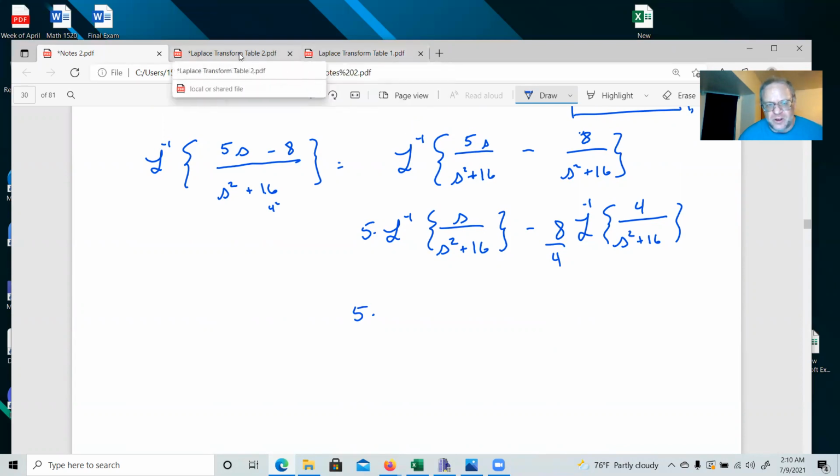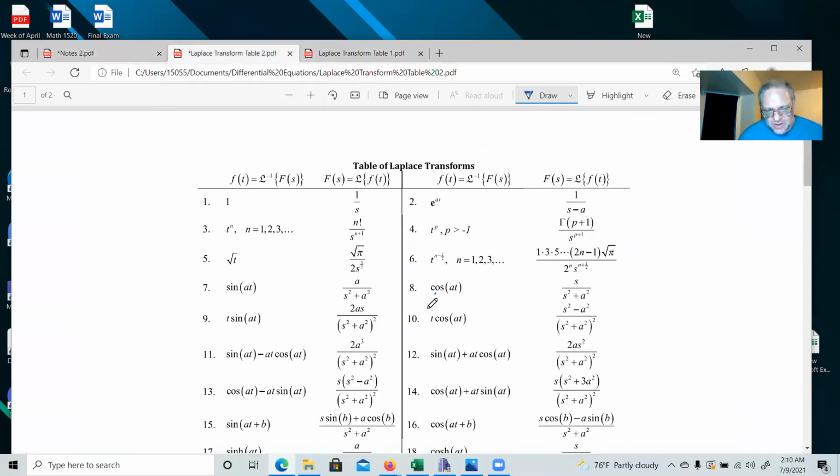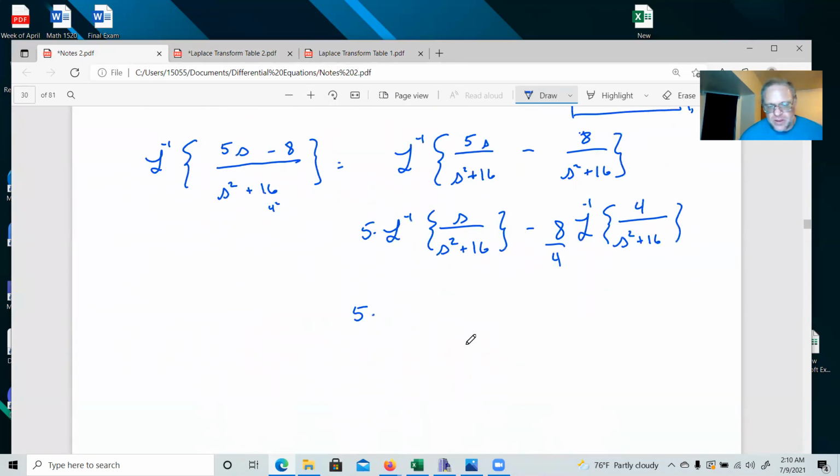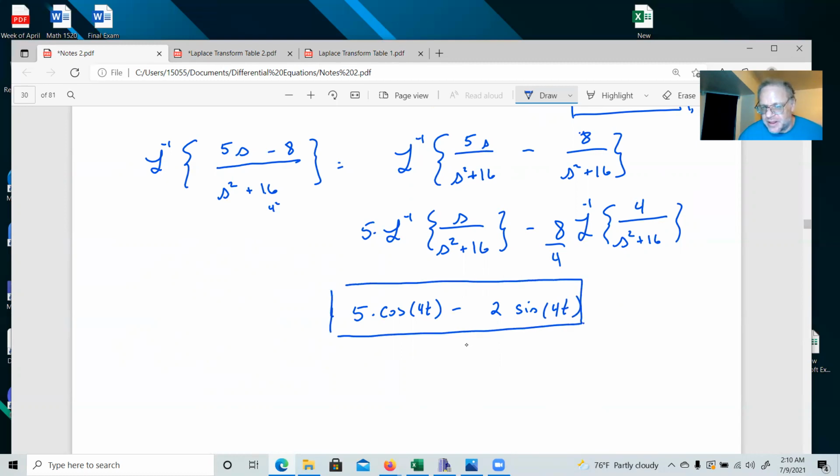I think that was a cosine, wasn't it? So s over s squared plus a squared, it's cosine of at. So this is 5 cosine of 4t minus 2 sine of 4t. And there's our answer for that.